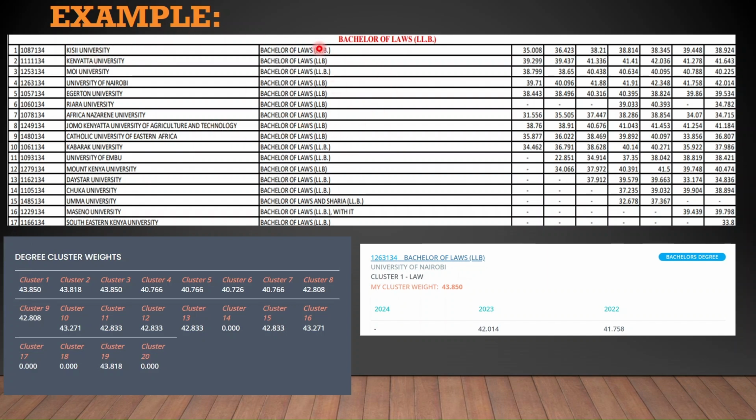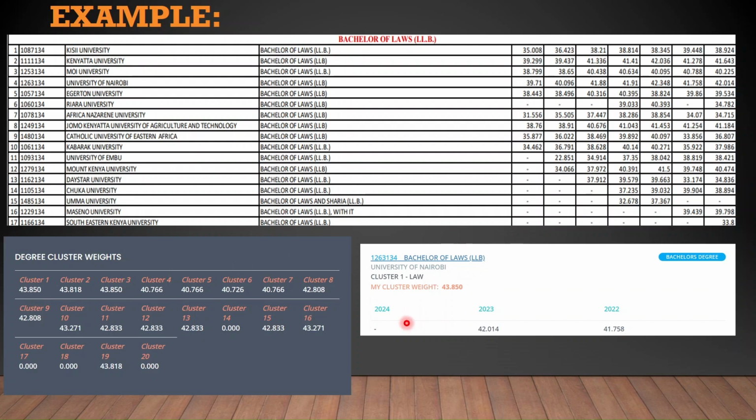And when you come here, you actually start looking at the cluster weight. This is in 2023. So you look at the cutoff points, and you actually see, oh my goodness, the highest cutoff point is 42.014 and it is for the University of Nairobi. But what is your cluster? 43.850. So that means that you are above the cutoff point. It means that you have already qualified for this course. And if you select that course, you automatically get it.